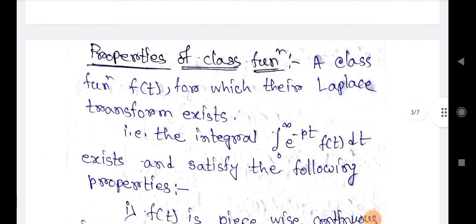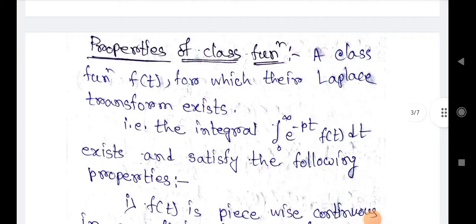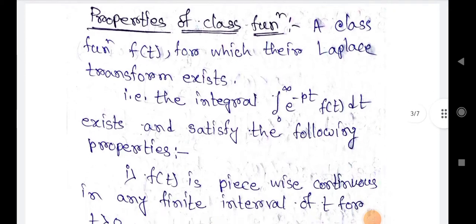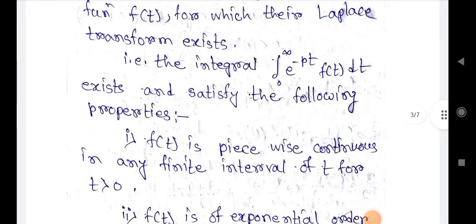Now come to the property of the class of functions. A class function f(t) for which the Laplace transform exists, that is, the integral from 0 to infinity of e to the power minus pt f(t) dt exists, satisfies the following properties.